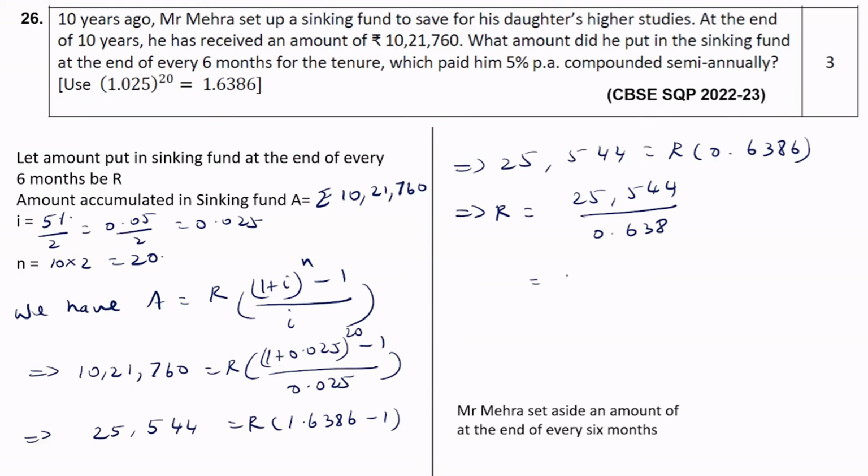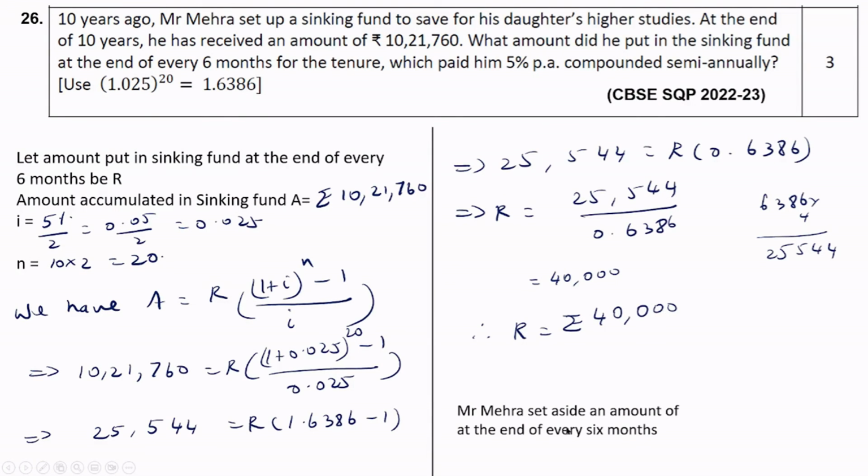Now when we divide we get it as 40,000, because 6386 into 4 is 25,544. So this is 40,000. Therefore, R is equal to rupees 40,000.